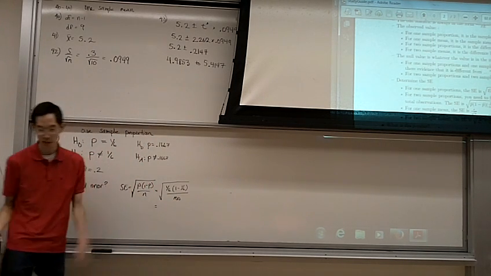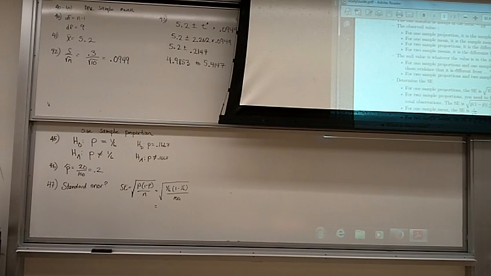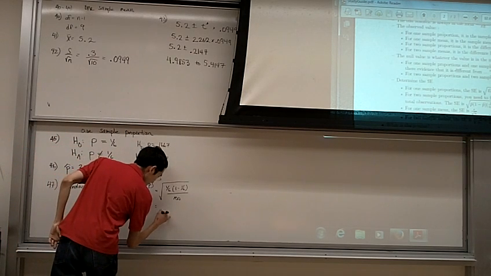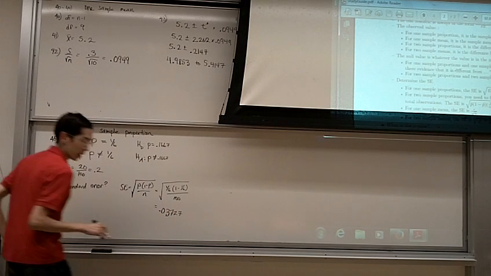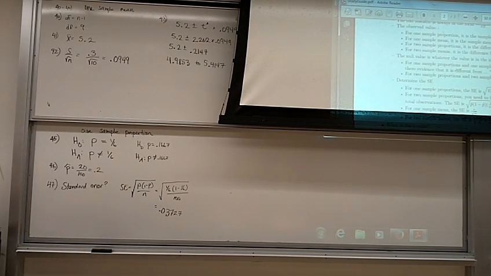Okay, or you can plug in the decimals if you prefer. And I get 0.03727. Yeah, I put 5 decimals there, but if you put 4, that's also fine. Okay. Not a huge difference.